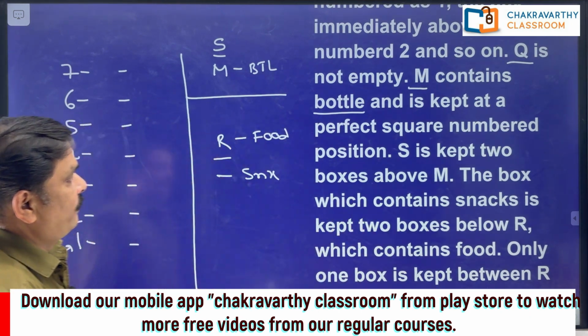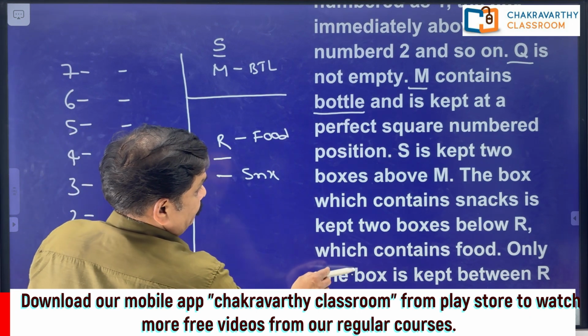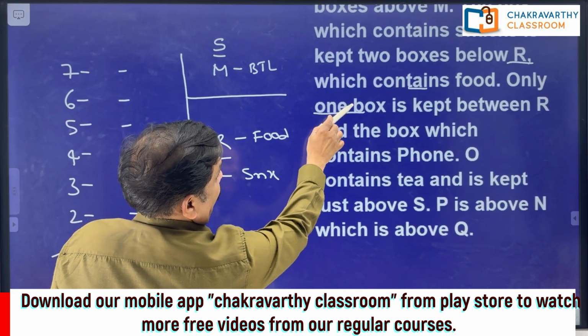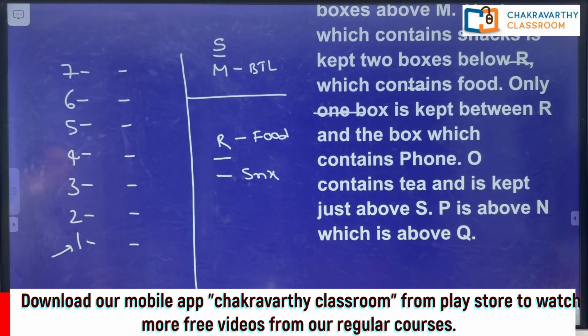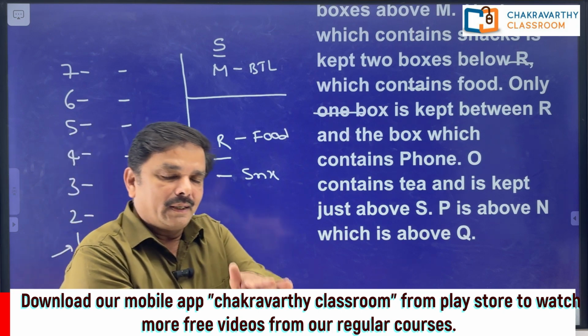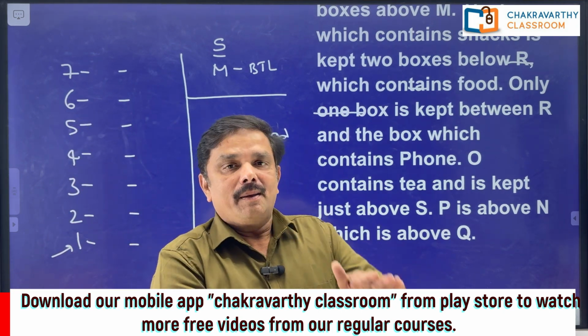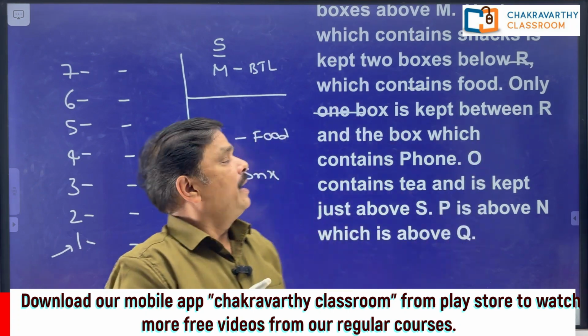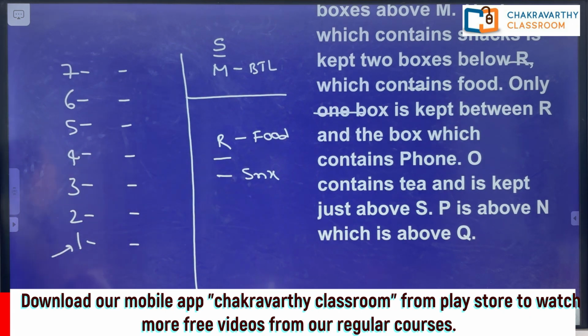Now go for the next information here. That is R. Only one box is kept between R and the box which contains a phone. Between R and the box which contains phone, there will be only one box, maybe below or above R. If you take below R one box, I cannot keep phone here.